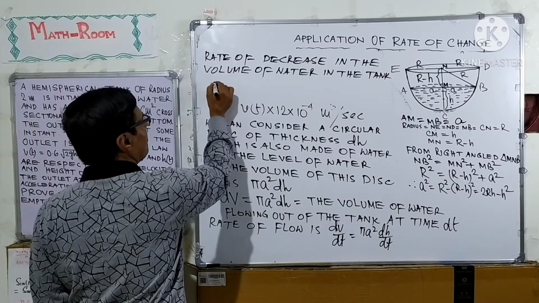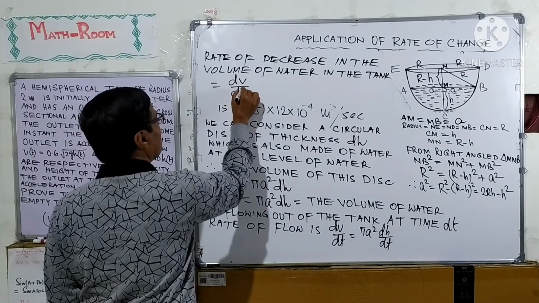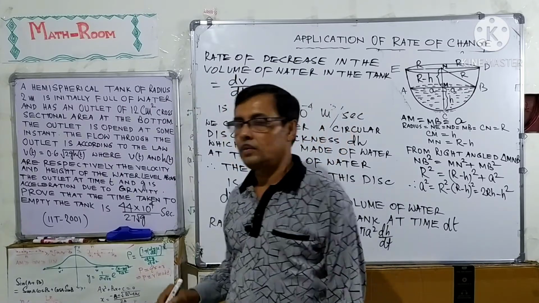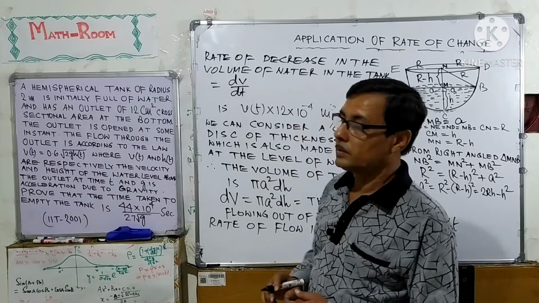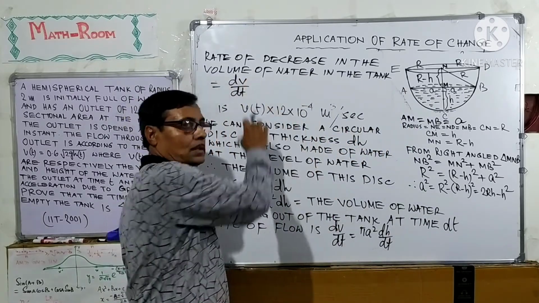So, this is also dV dt, the rate of decrease in the volume of the water through the outlet. That is, at this rate the volume is decreased.